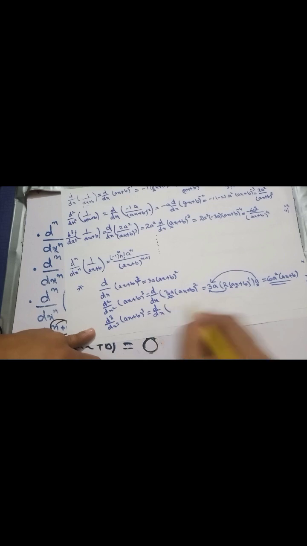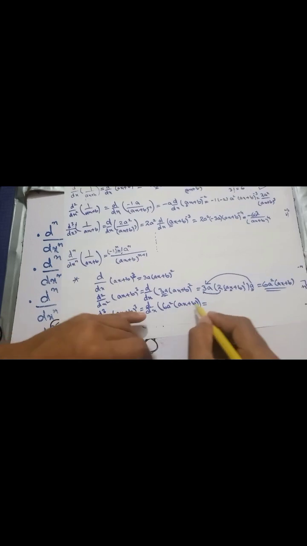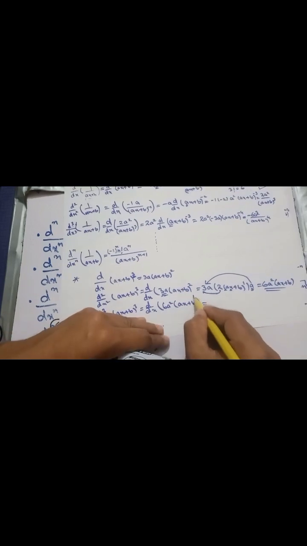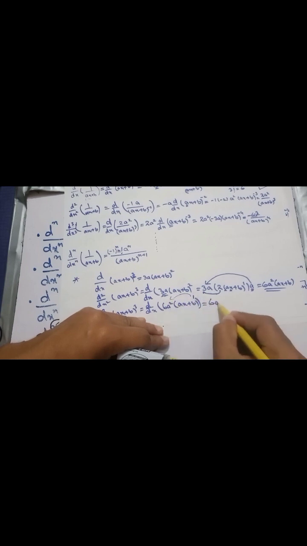What will be the answer? Because here the power is 1, the 1 is at the beginning, 6a square, and when we differentiate this linear function, we observe a into x. So the answer will be 6a cube.